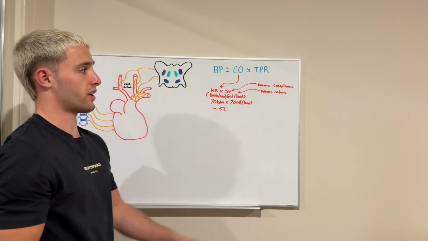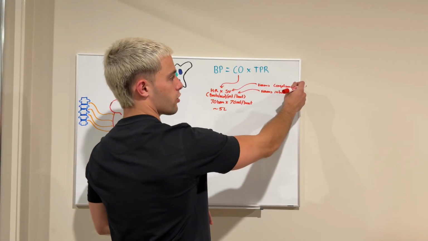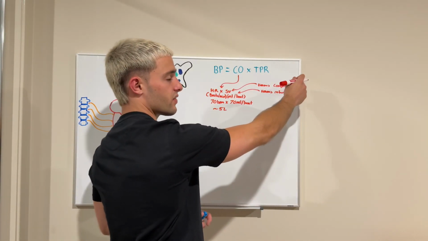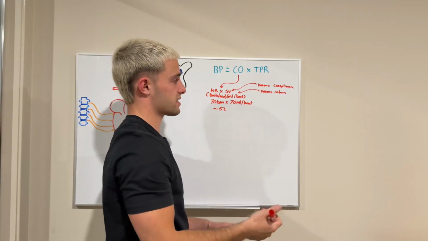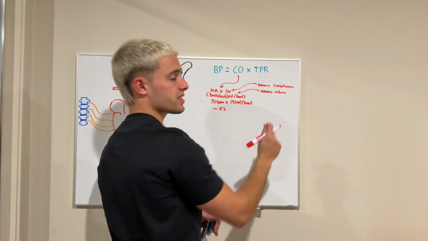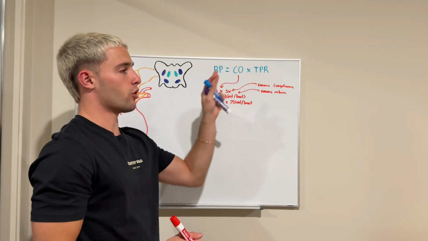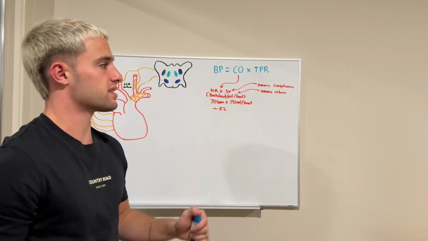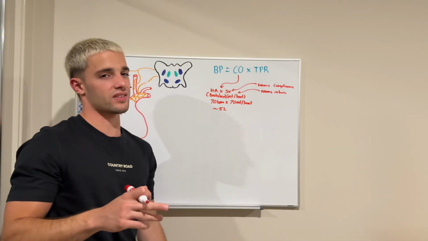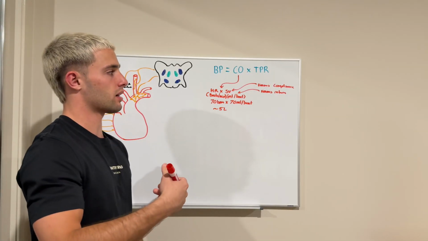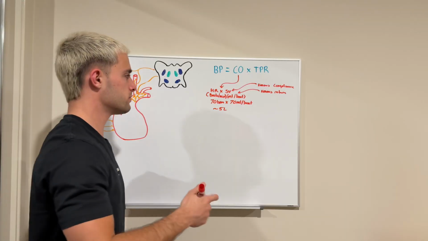So these two go hand in hand. So less venous compliance equals increased venous return. But the only circumstance where this would be off is if someone's dehydrated and they've got a lower blood volume than the normal person.